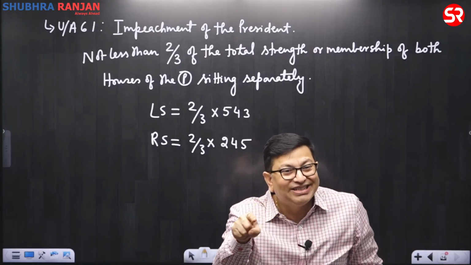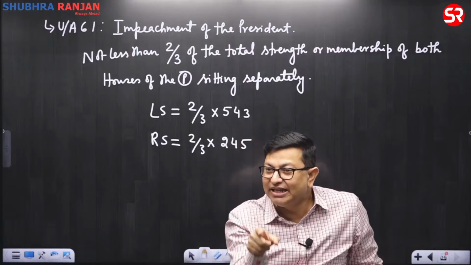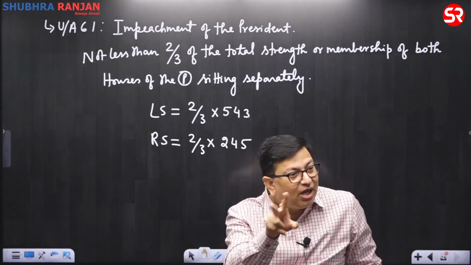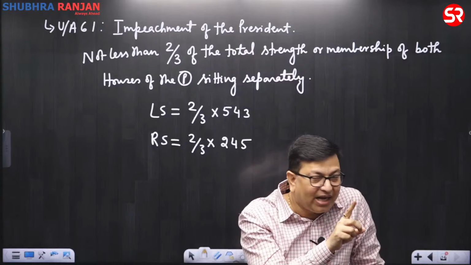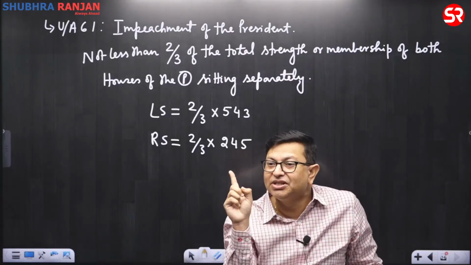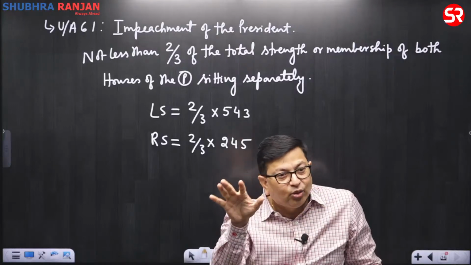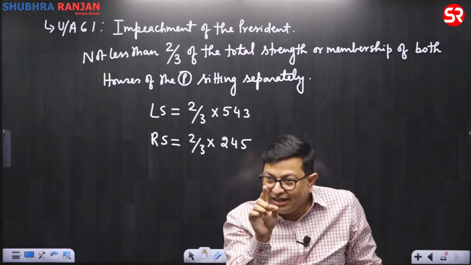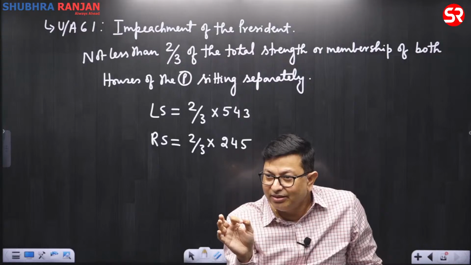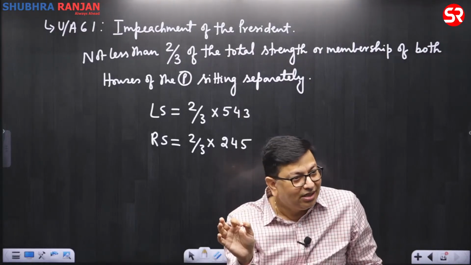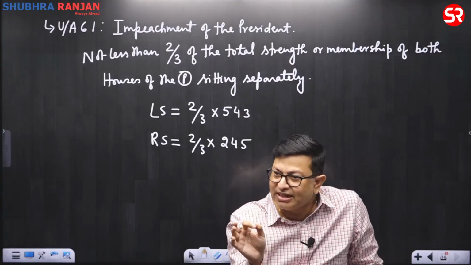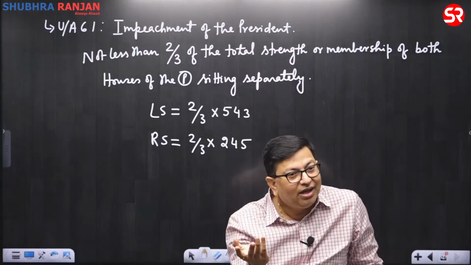When will the president remove? If both the houses of the parliament pass the resolution by special majority, that is the majority of the total membership of the house and two-thirds of the members present and voting. So that is done.